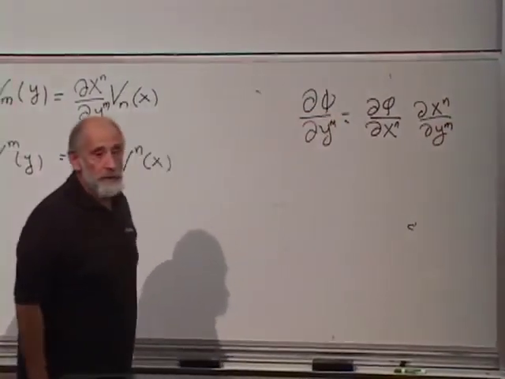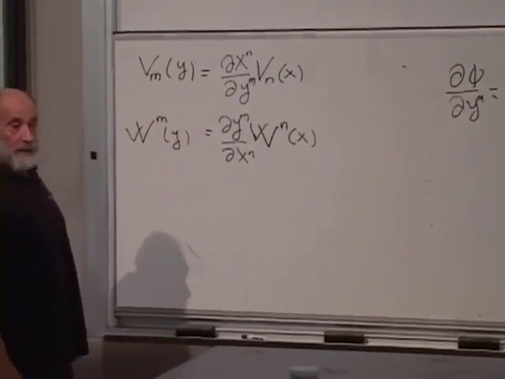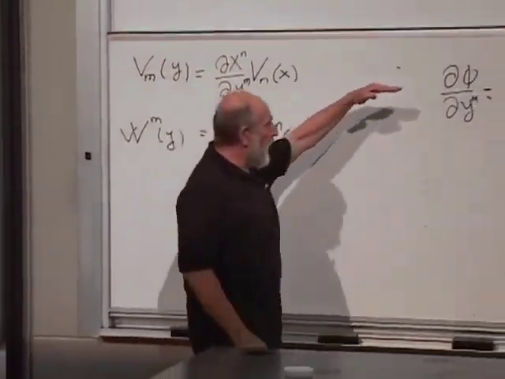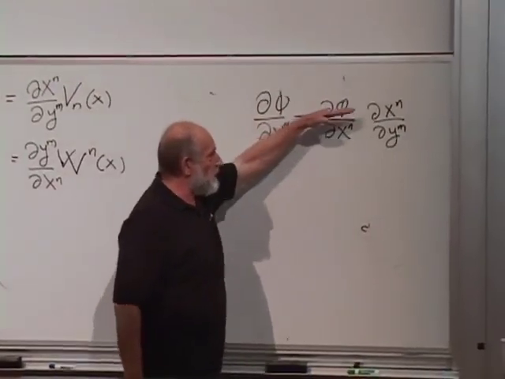Is this a correct equation? Yeah, that's a correct equation. d phi by dy is d phi by dx times dx by dy.